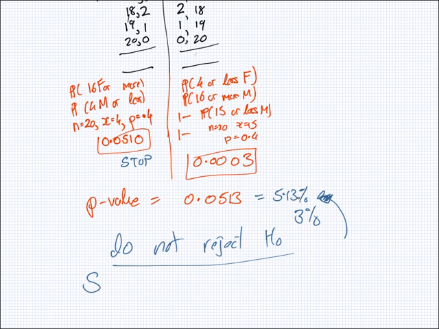And then that would be the alternative, wouldn't it? So it's just about believable that they're not sexist. Just about. But it's not exactly convincing. But the rule is, if it's more than 5%, then we don't reject it. And if it's less than 5%, then we do reject it.